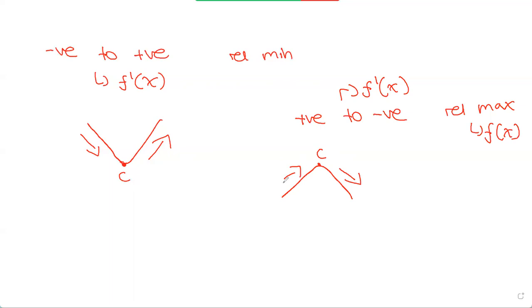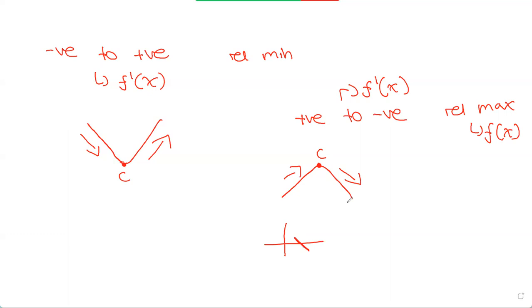So at the point where it changes from positive to negative, we can clearly see that this is a relative maximum in the graph of f of x. And in the graph of f prime of x, it can look like anything. It just has to cross the x-axis like this. So like any line like this, we can see it's going from positive to negative, right? So that's how it'll look in the graph of f of x. So that's how simple it is.